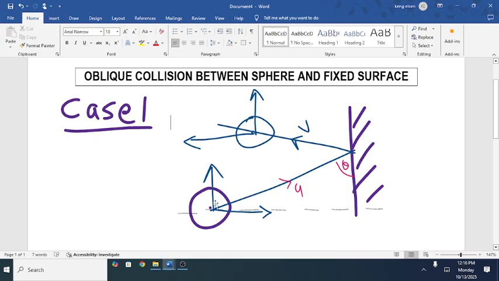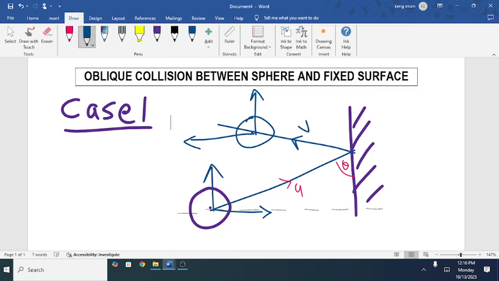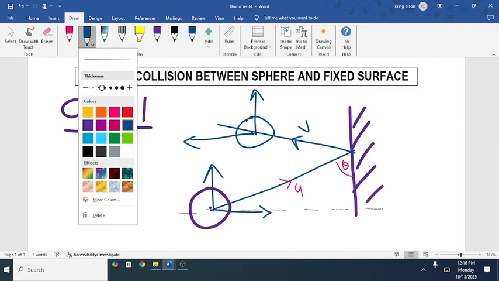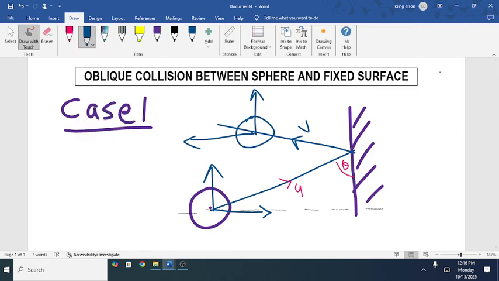So what's the adjacent? u cos theta. So this vertical component here is u cos theta. Then the horizontal will be u sin theta.